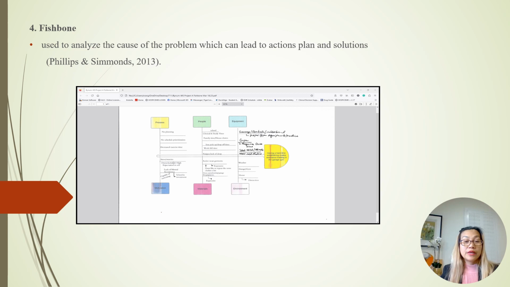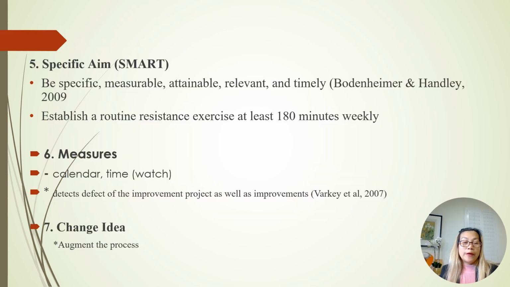The next slide is the fishbone diagram. In this area we dive deeply into the factors and equipment that could impact our goal, our project. It's determined here. Next, we need to have a specific aim.